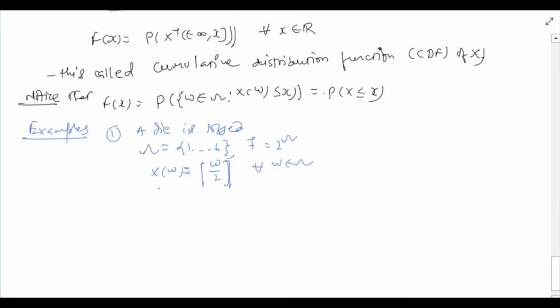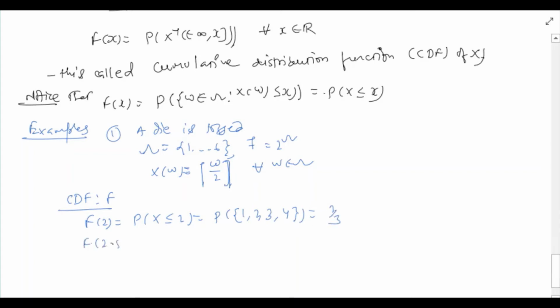We have already seen that such an X qualifies for a random variable. We can define the cumulative distribution function F of this random variable as follows. So for instance, F of 2 would be the probability that X is less than or equal to 2, which is nothing but the probability of the set 1, 2, 3, 4, and this will be 2 by 3.